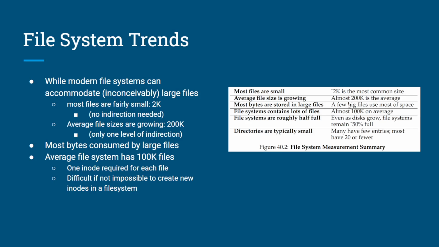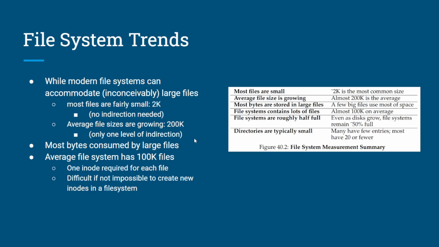But the average file size is actually growing. 200K is pretty much the average these days. And with 200K, we can still fit everything in one level of indirection. So it's a fairly simple process with the vast majority of files on average.